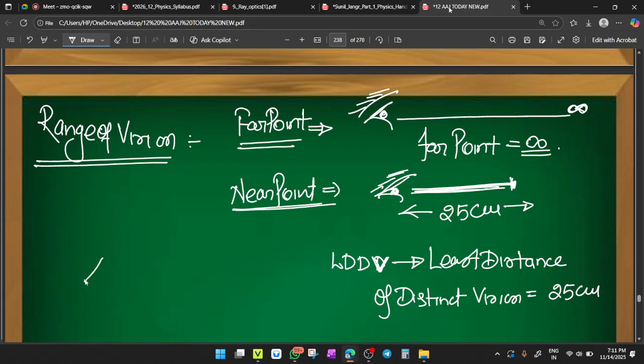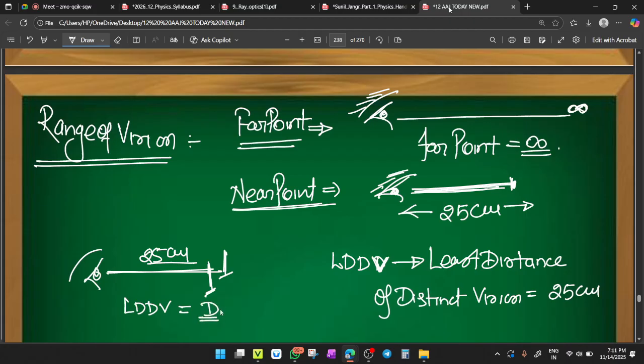It means that from your eye, the minimum distance required to see an object clearly, so that you can differentiate between two bodies with good contrast, has to be 25 centimeter. This is called LDDV, and in normal symbols it is denoted by capital D.